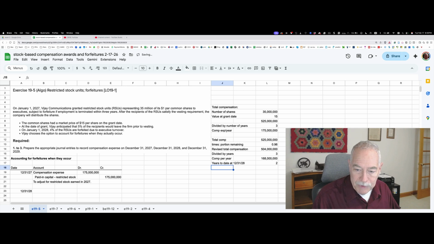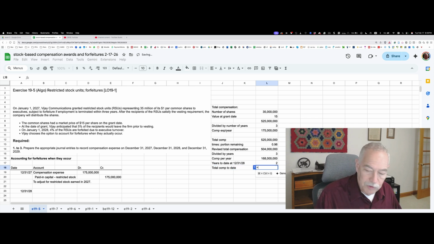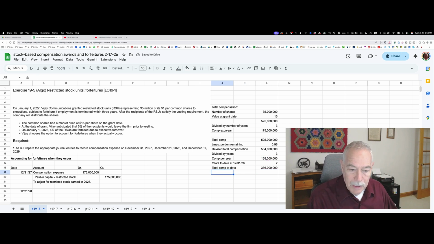So total compensation to date is going to be equal to 168 times 2, 336 million, less previously recognized.